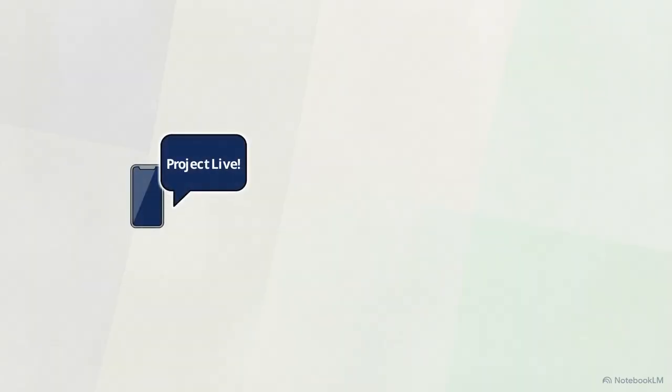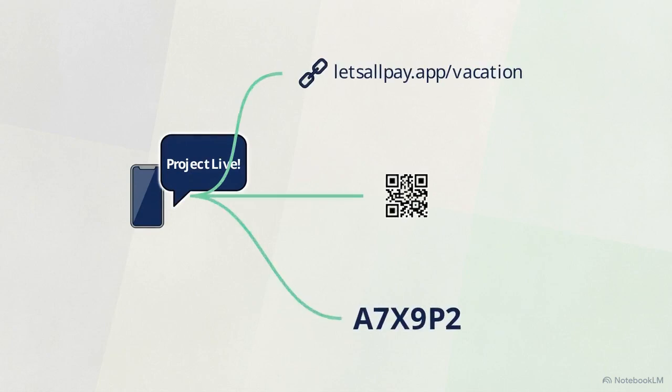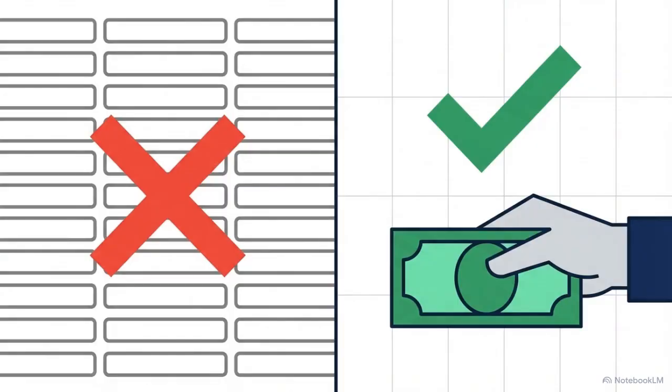The third step is actually getting people to pay. Once your project is live, you distribute a simple link, a QR code, or a 6-character invite code to your group. Crucially, participants can click the link and submit their funds instantly. You aren't forcing your friends to download a new app or create a user account just to hand you $20.